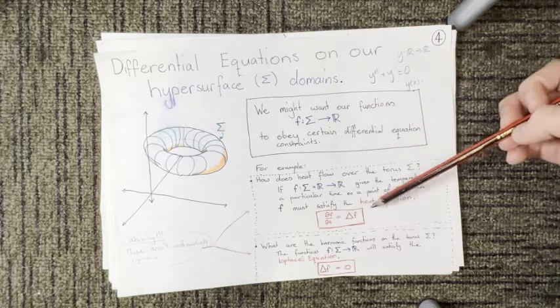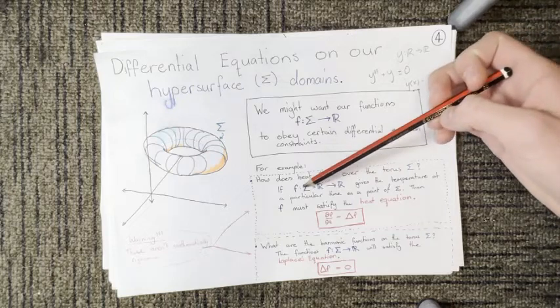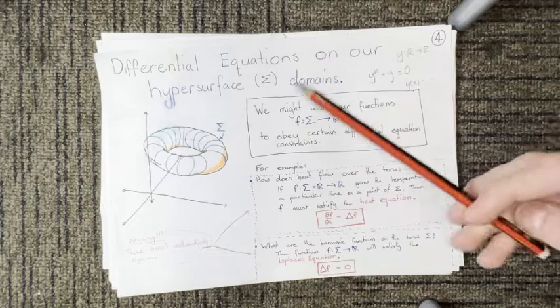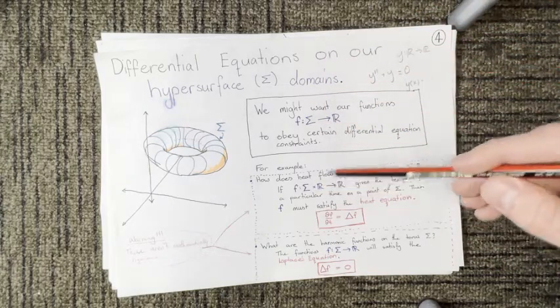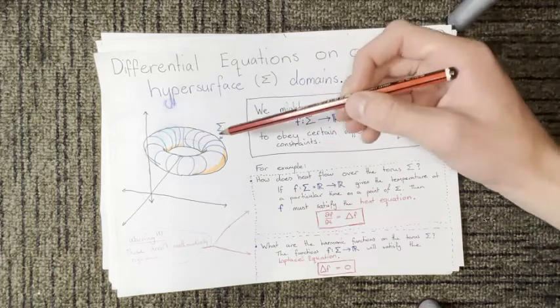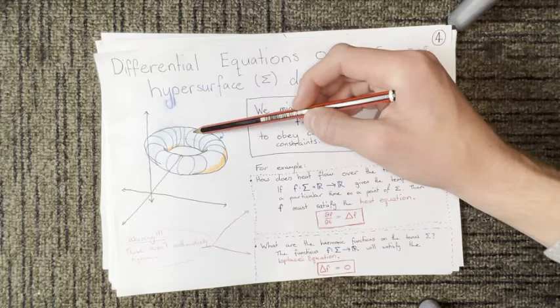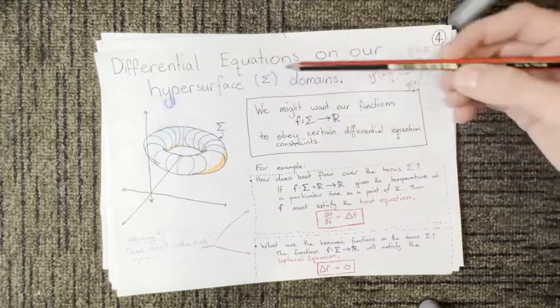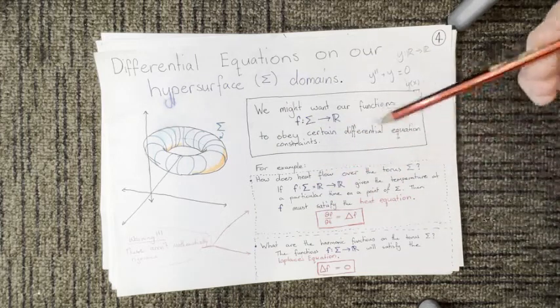So you take the heat equation, for example, and we'll have some surface we want the heat equation to be operating over, and then time as well. So we take a point on our interesting surface, for example, this donut or torus here, and we want to know how the heat changes over time on this torus. So the heat equation would be a way we can model that behavior.